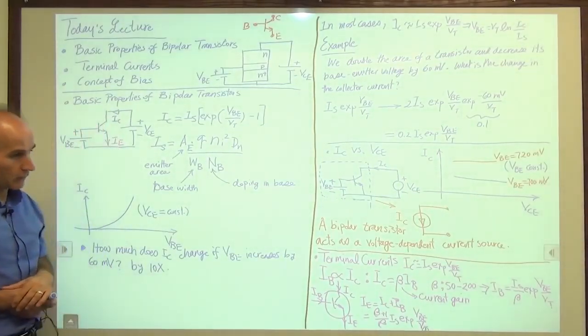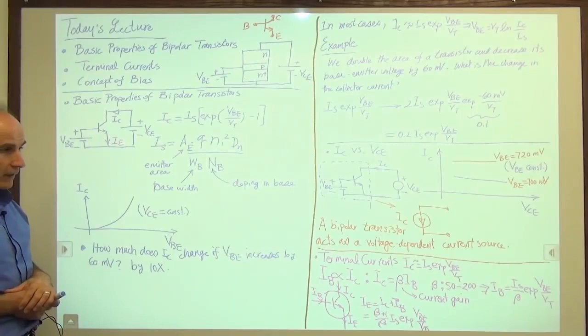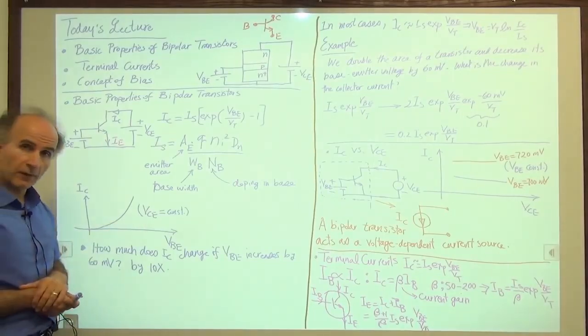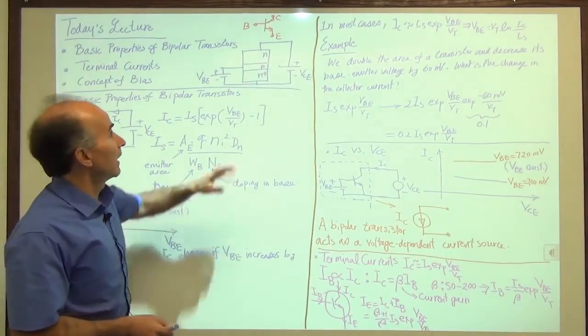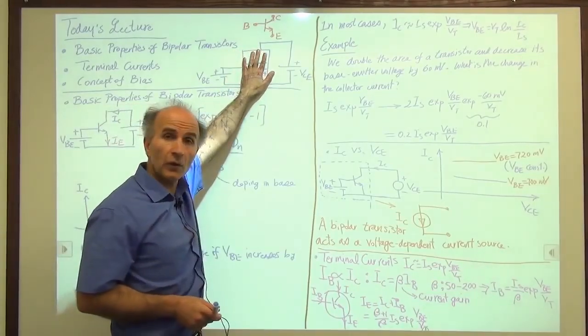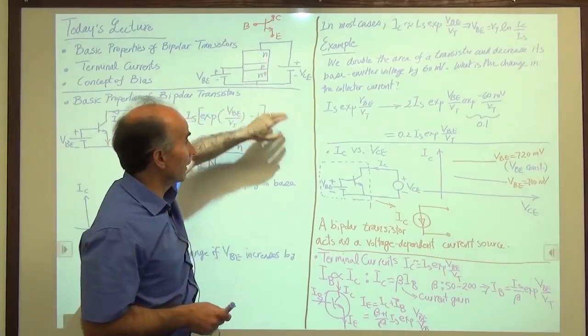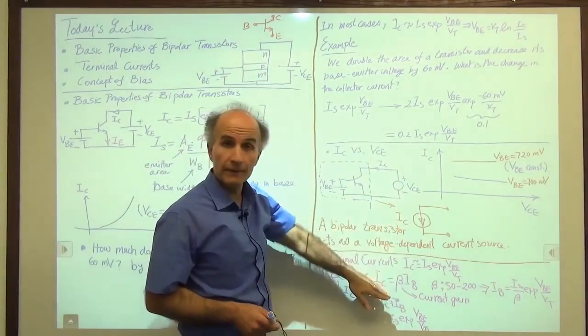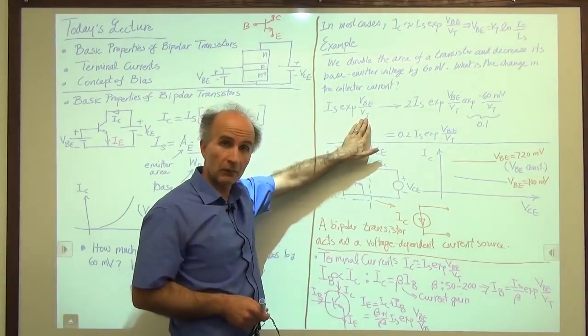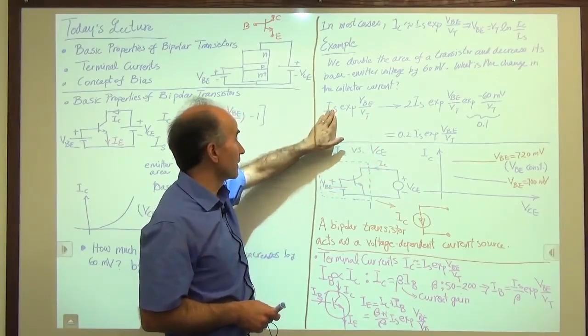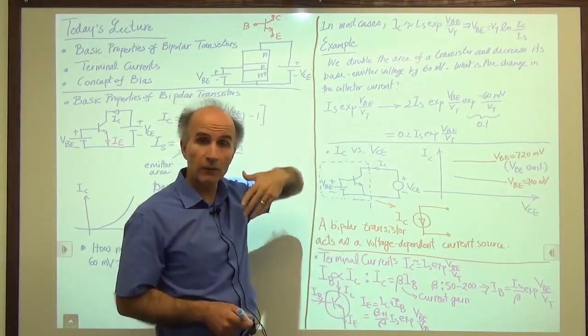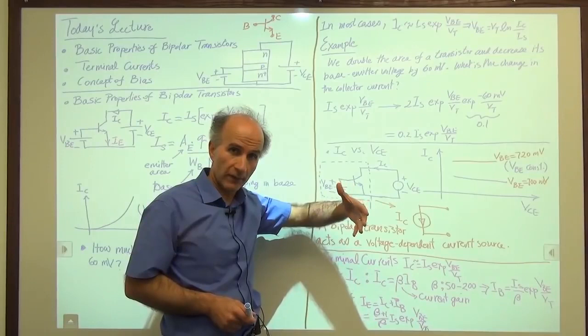All right, very good. So we found the terminal currents of the device. We have simple equations for them. You can see that all I need to know about this device is its IS value, because once I have IS, I have everything else. VT is known, 26 millivolts at room temperature. IS is a value that is given to me from the data sheet of the transistor.